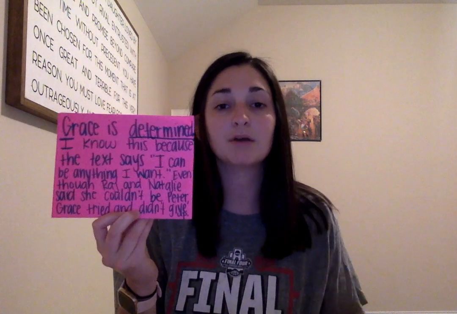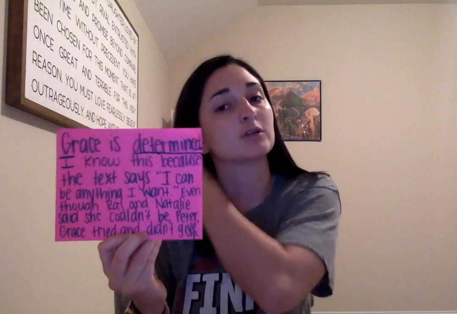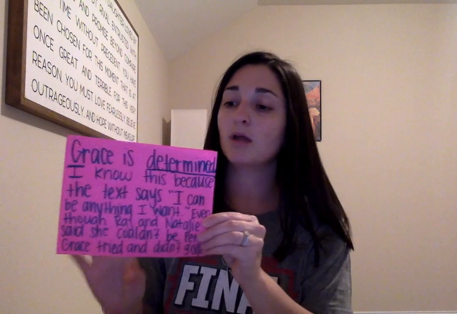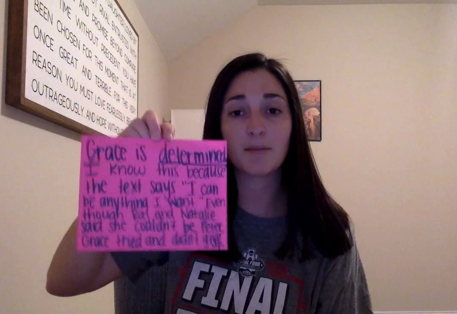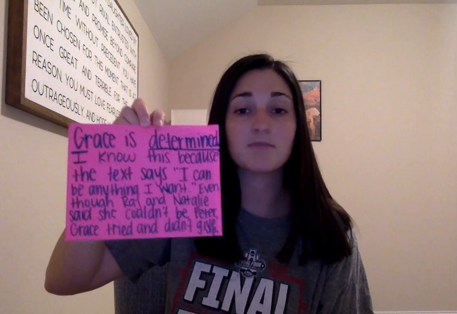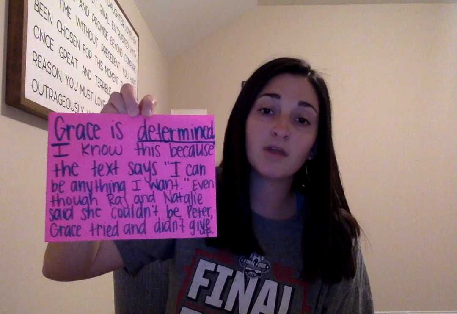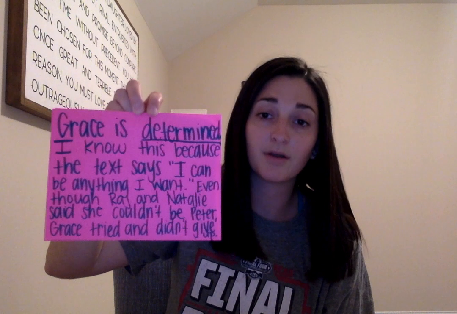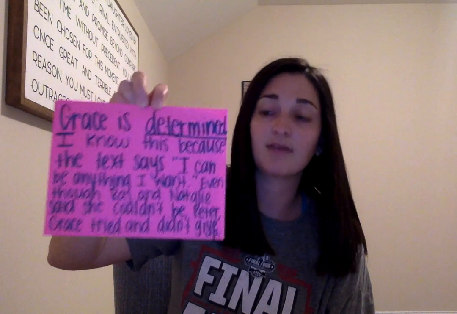And I know that when we don't give up and when we try, we are determined. When we believe in ourselves, we are determined to do whatever it is that we want to do. So altogether, it says, Grace is determined. I know this because the text says, I can be anything I want. Even though Raj and Natalie said Grace couldn't be Peter, Grace tried and didn't give up.